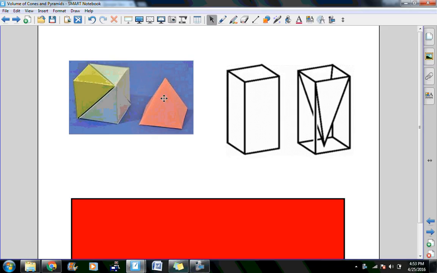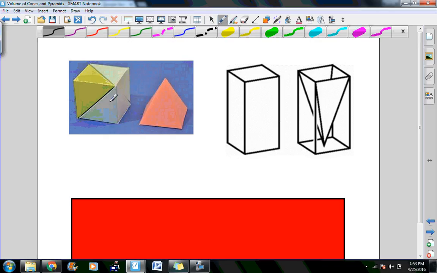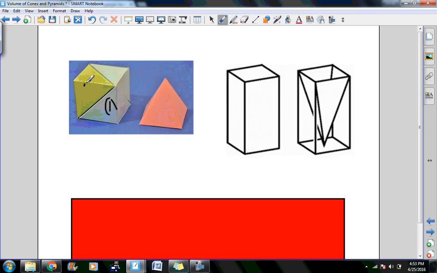So if we look right here, this is a picture of a rectangular pyramid. And what I want to show you is that if I take three of these shapes, here's one pyramid, here's two pyramids, and here's the third. I'm hoping that this shows you that the volume of three pyramids is equivalent to the volume of one prism.